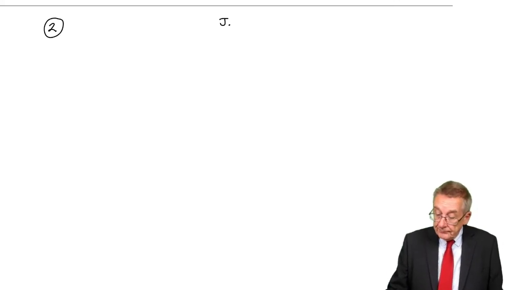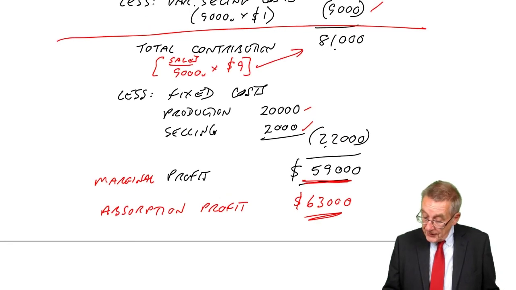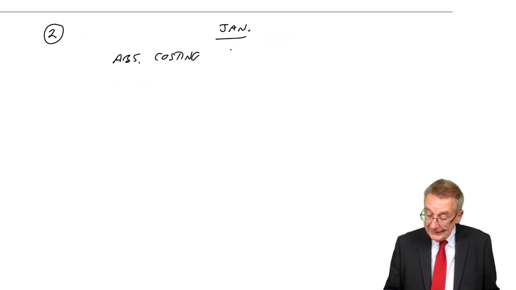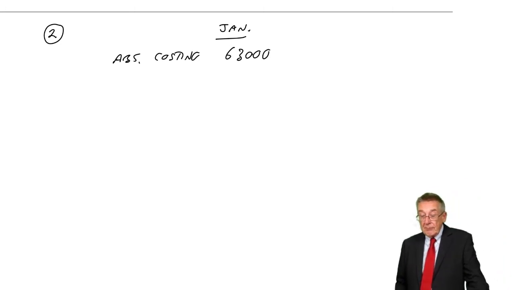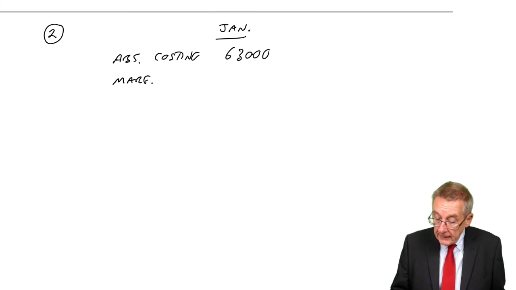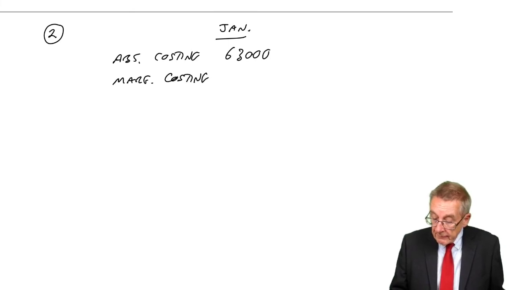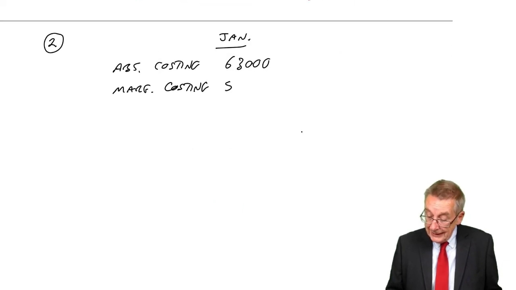in January, when we used absorption costing, the profit, I can't remember what it was, 63,000. Again, look back if you need and check me. When we did it marginal costing, I just showed you the profit is 59,000. The difference is 4,000.